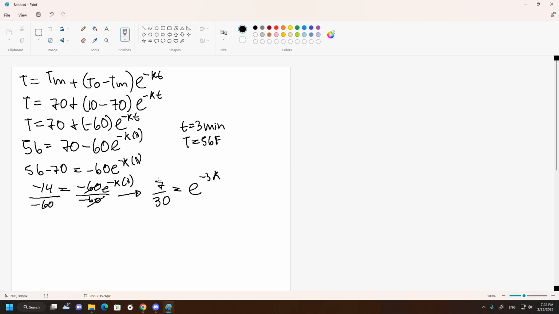We will get 7 over 30 equal to exponent negative 3k. So what we can do in order to leave the k as a coefficient, as a normal term, is multiply by the logarithm. So in other words, the natural log. So we can cancel the exponent here. But in order to do this, we have to apply it on both sides. So we have the following.